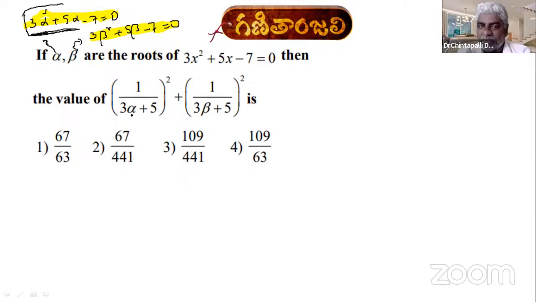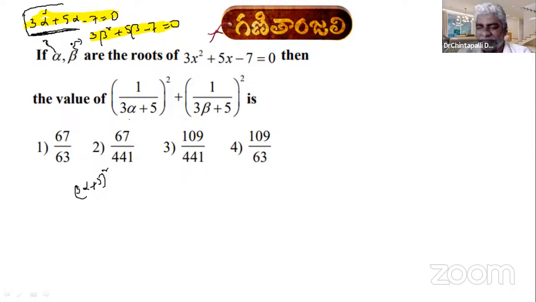If we square, it will be 9 alpha squared plus 5 alpha, and then it will be 3 alpha plus 5 whole squared. We don't have the value of 3 alpha plus 5 whole squared, but we have only 3 alpha squared plus 5 alpha.